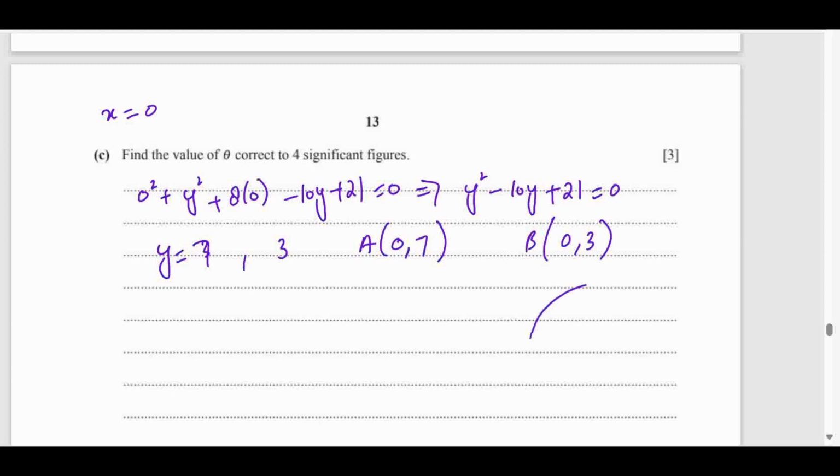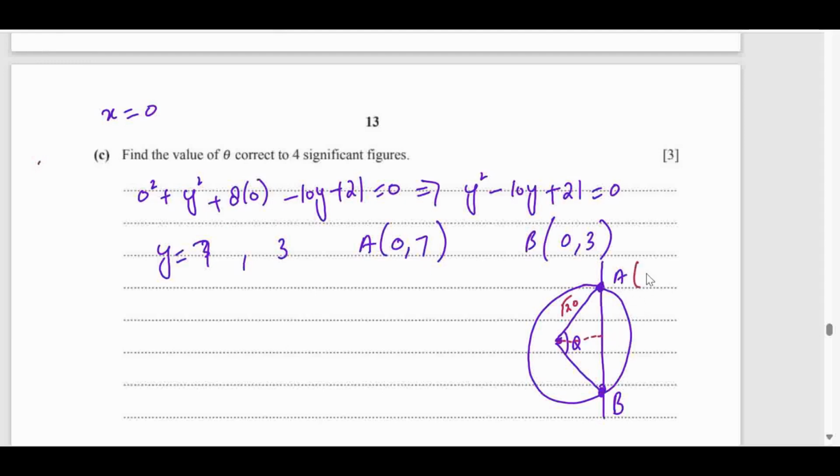Now this is a circle and this point is the center. This will be point A, this will be point B, and we have to find theta. We know the radius is square root of 20, and if we halve the chord, we know this distance.